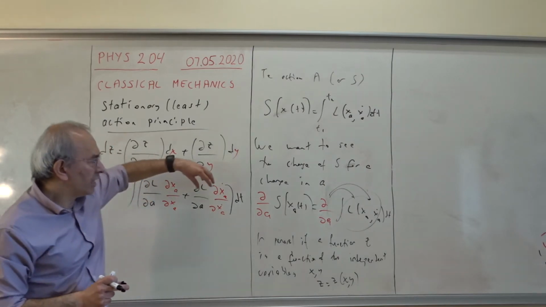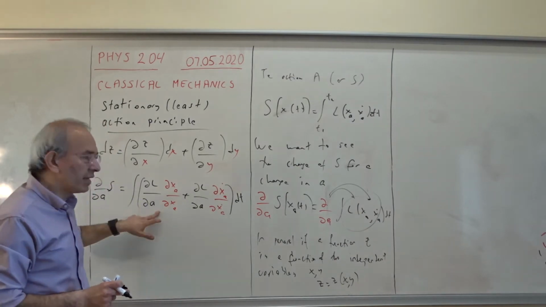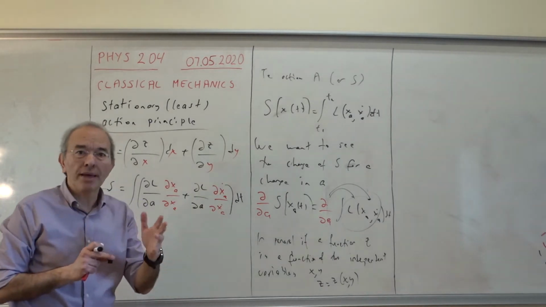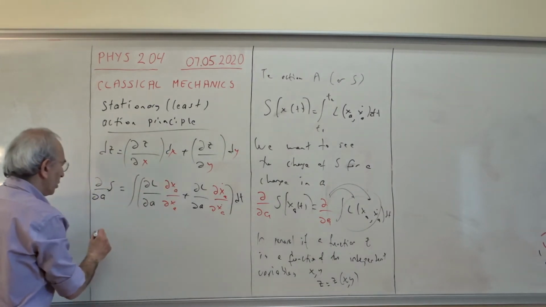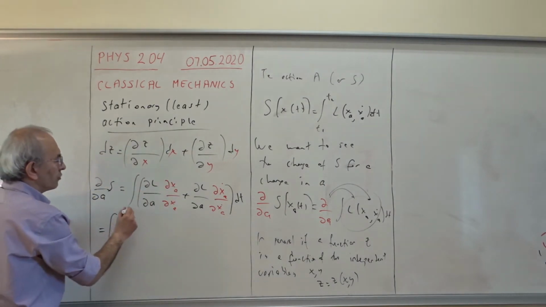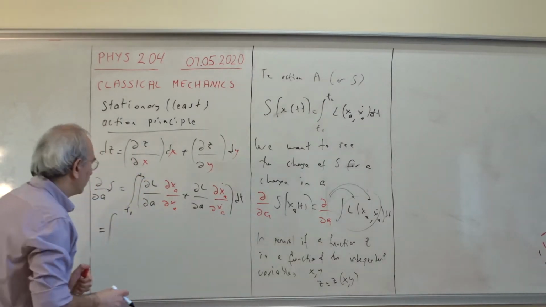So in fact these fractions are 1, so we didn't change anything. However, now we can write them in a chain rule manner. So let's just change the places of these terms. So we can have an integral, of course, from t1 to t2, dt is the increment here.